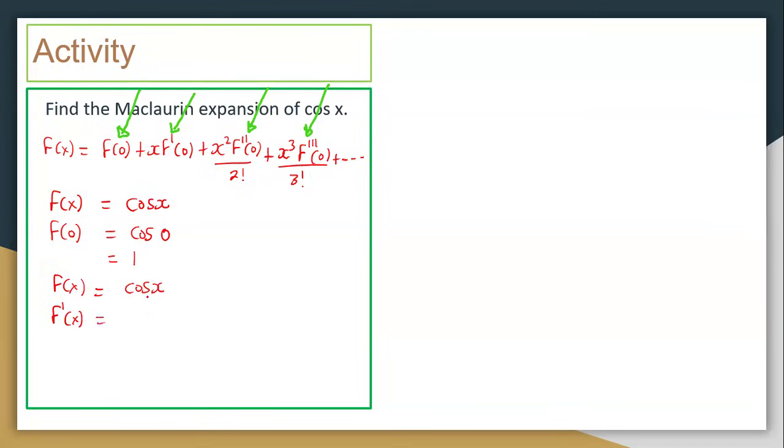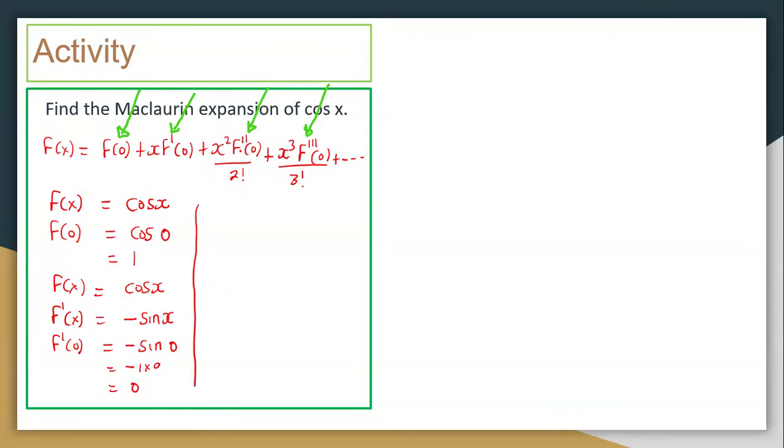When we differentiate cos, we end up with negative sine of x. Now f prime of 0 will equal negative of sine of 0. Sine of 0 is 0, so you get negative 1 times 0, which gives us 0.